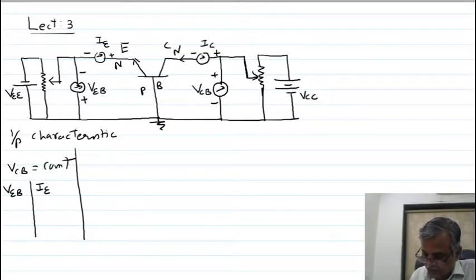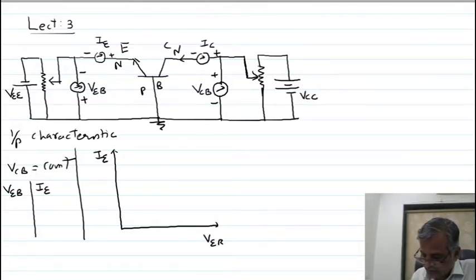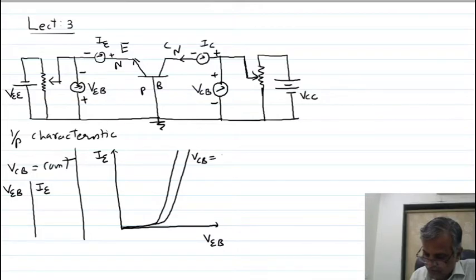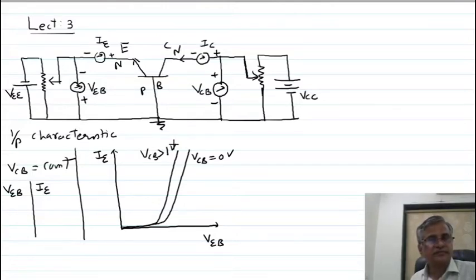The graph of the emitter current versus emitter base voltage is shown in the figure. This is the graph we have seen for two different values of collector base voltage. I think this much you already know.